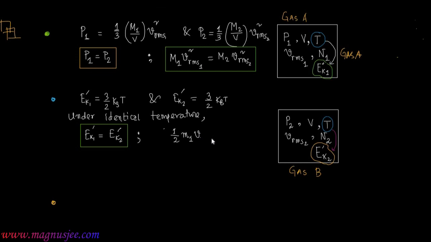That's why 1 by 2 small m1 vrms1 square will be equal to 1 by 2 small m2 vrms2 square, where small m1 is the mass of one molecule of gas A and small m2 is the mass of one molecule of gas B.